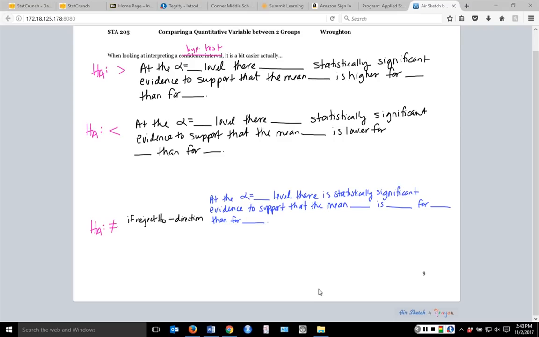Now, the other option that could happen when we do that not equal to is we don't reject. So then our interpretation is going to look a little bit different. This time again, it'll start the same.